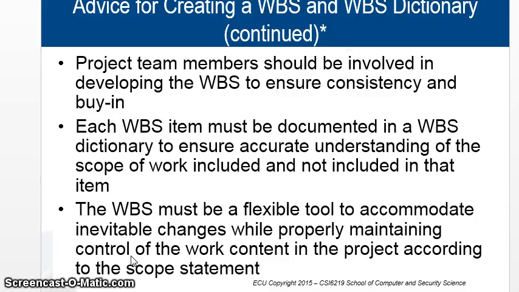Each item must be documented in the WBS dictionary. So all the items have to be documented, even if it looks unnecessary. Even if it doesn't have a lot of meaning, just write a word, that's fine, but the dictionary should have all the items, and it should ensure accurate understanding of the scope of the work included and not included in the item. So when I say define user requirements, we're not going to look at what the user loves, or what his family is like, or what kind of movies he likes.